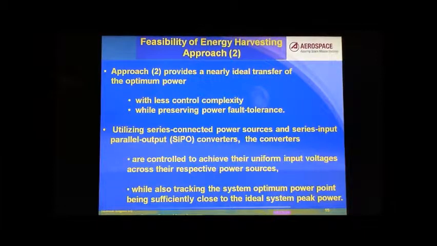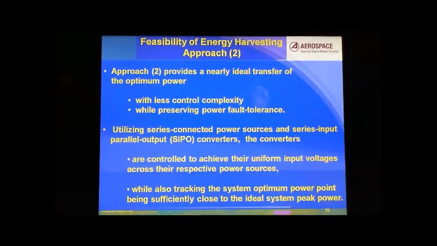Uniform voltage distribution control provides a nearly ideal transfer of the optimum power with less control complexity while preserving power fault tolerance, utilizing series connected power sources and series input parallel output converters, or SIPO converters.